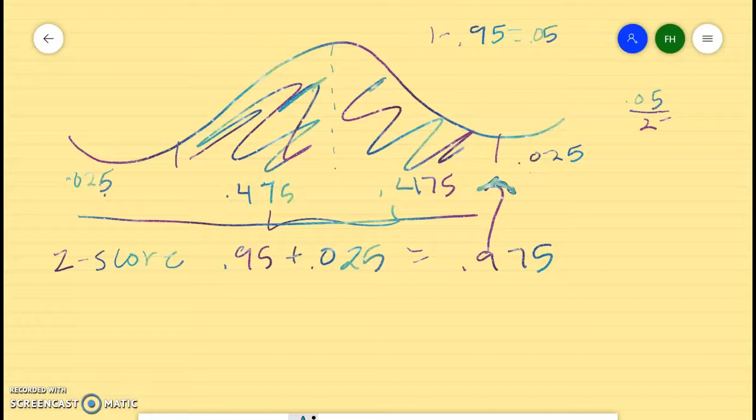So the z-score up to 0.975, or what you could do is the two-tail test. Look up 0.95, the two-tail test. You would get z equals 1.96 as your z-score.